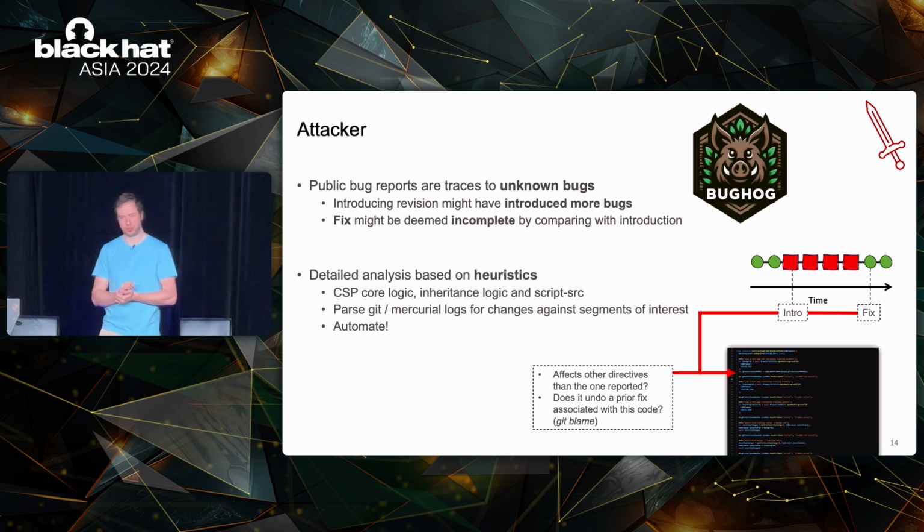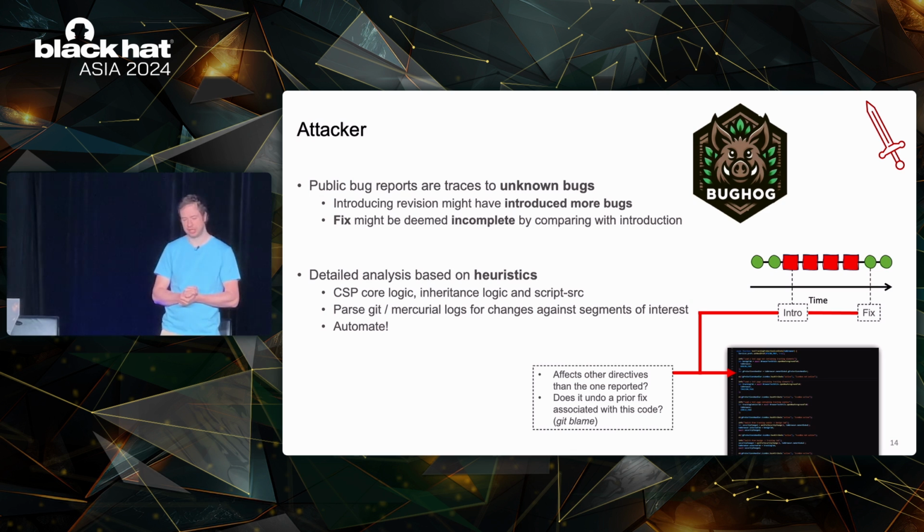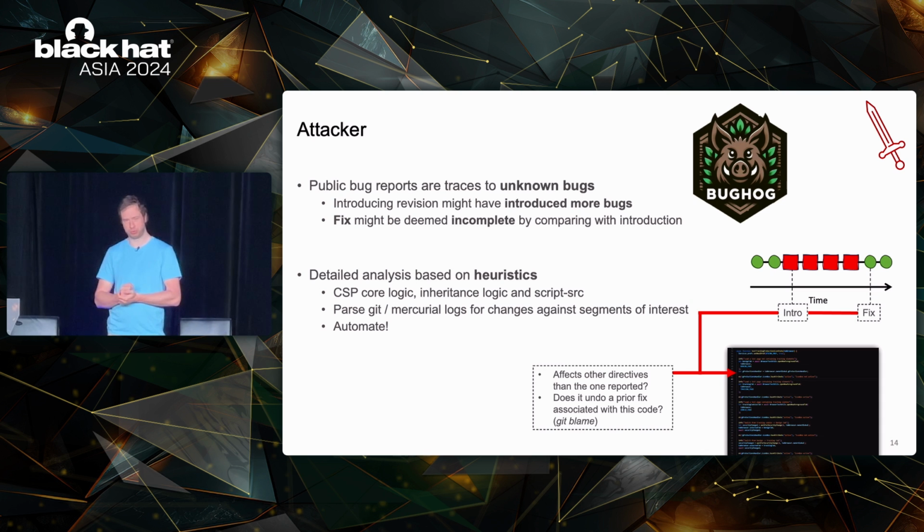So how can we use this as an attacker? We can look at the different public bug reports, because security reports become public after they've been fixed. And we might then use a tool like BugHawk to find which revision introduced the bug and which one fixed it.